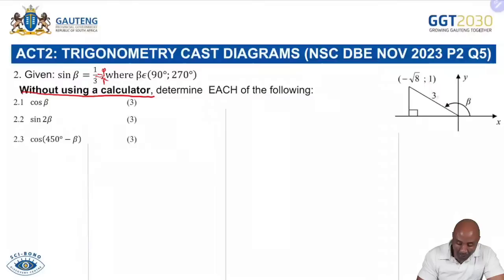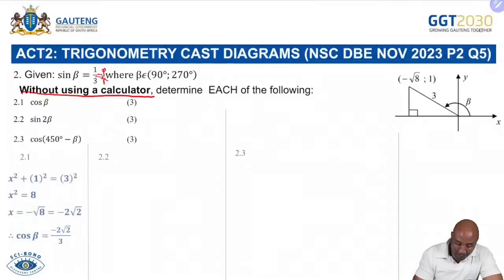We use Pythagoras theorem to help us get our value of x, and we'll get x squared as 8, and our x will be plus or minus the square root of 8. But because we are in the second quadrant, our x values are negative, so we'll get our x as negative square root 8.